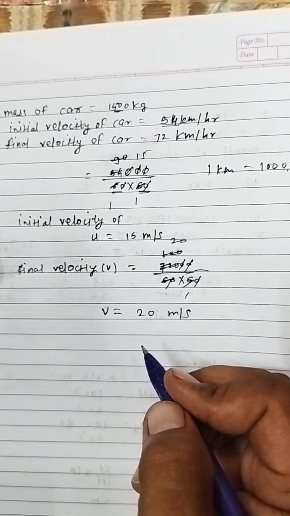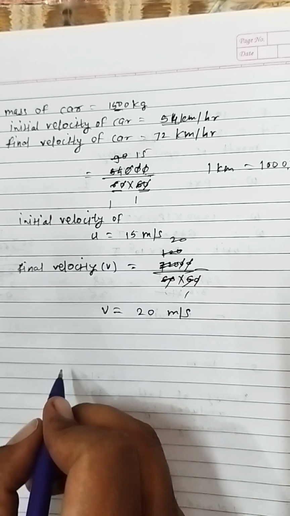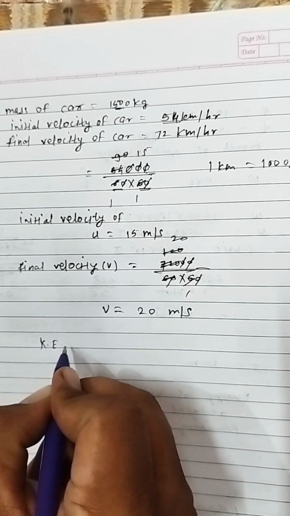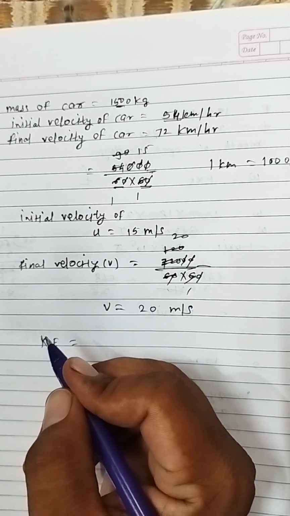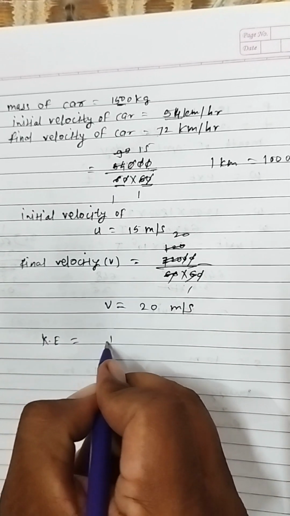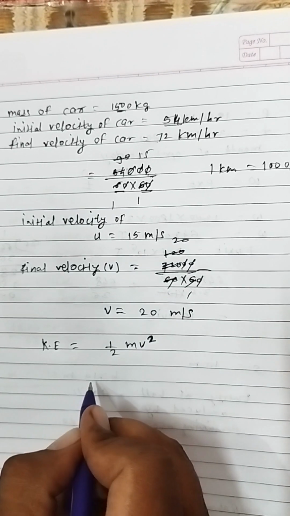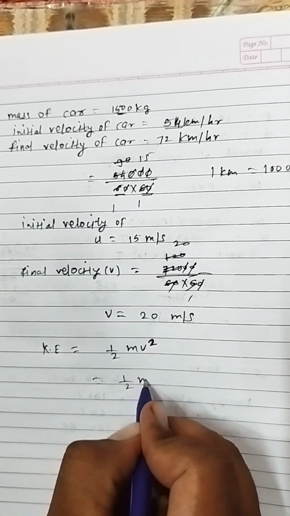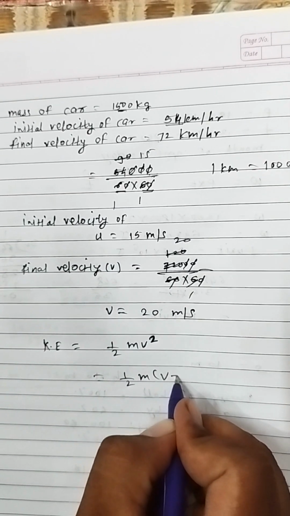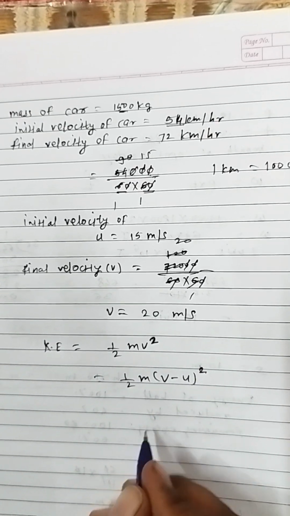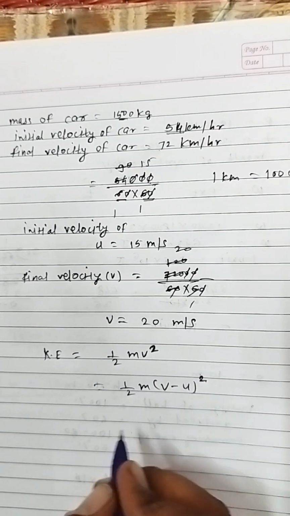So next thing we have to take, what is it? Kinetic energy. So kinetic energy is equal to, what is the formula? 1/2 mv square. Here we have two velocities, so we write v minus u bracket square.